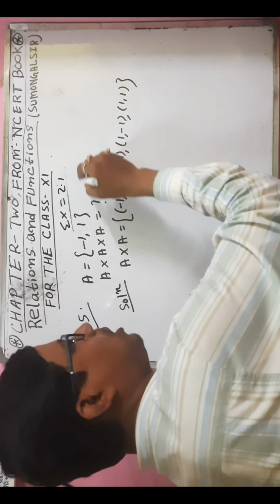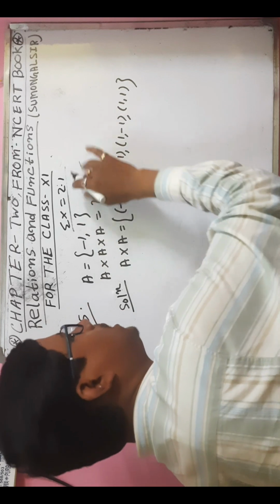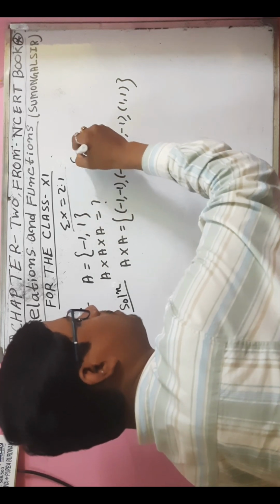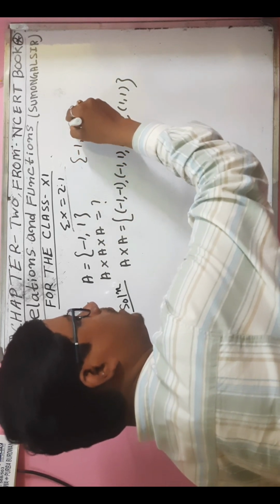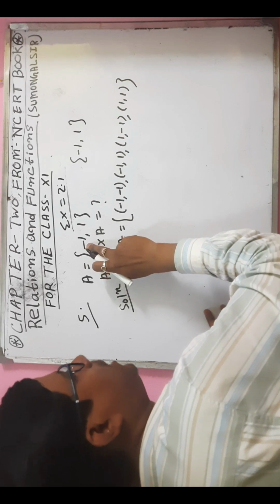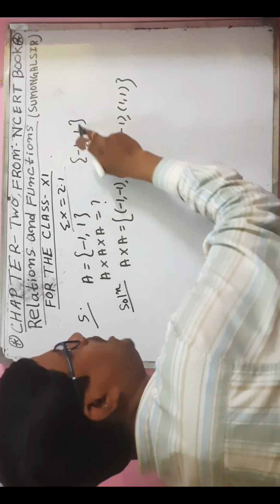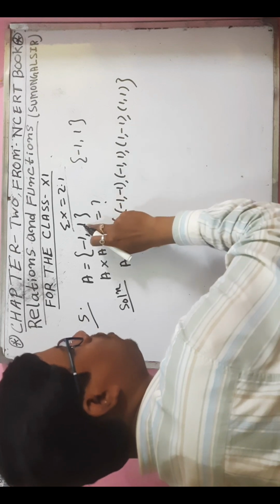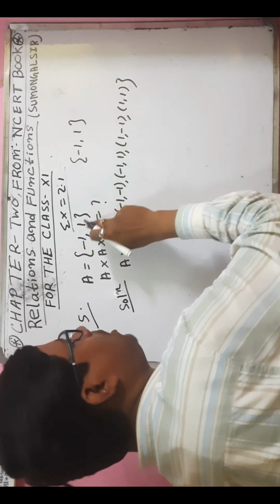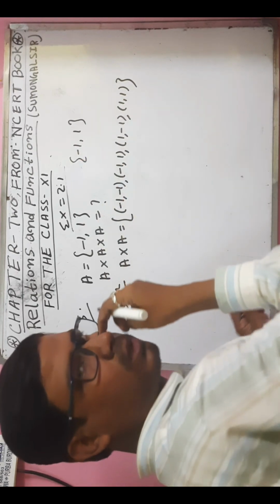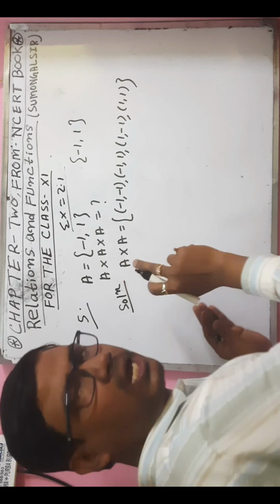How? Because these are the two sets, -1 and 1. So if we consider -1, then (-1, -1) is the first element, (-1, 1) is the second element, (1, -1) is the third element, (1, 1) is the fourth element. This is A cross A.